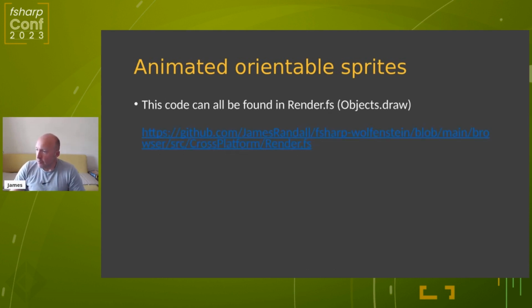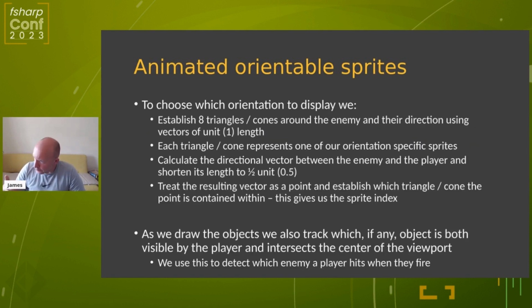Didn't mean to go there. And then the last thing we do is, as we draw those objects, we track if any of those objects overlap the middle of the viewport, which is then the weapon. So when you shoot, you know which object is at the middle of the screen, if any.